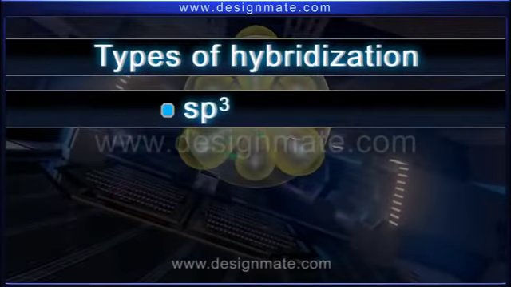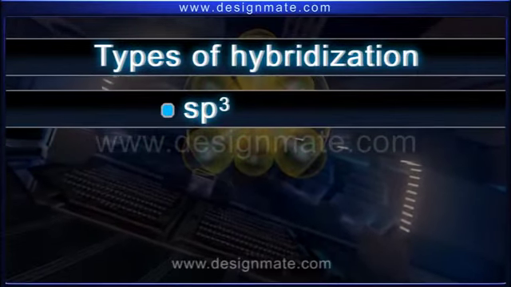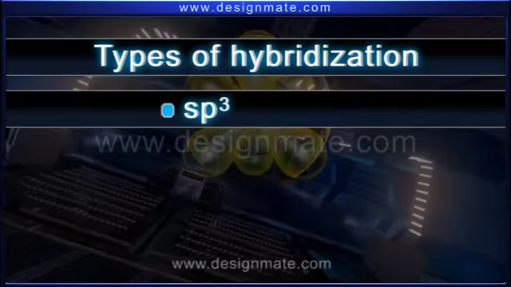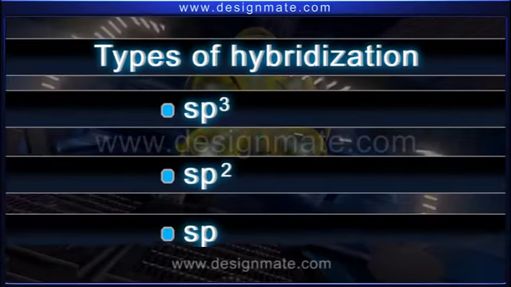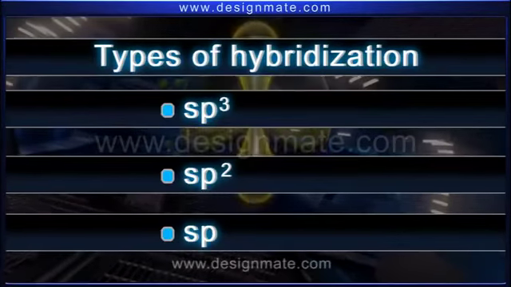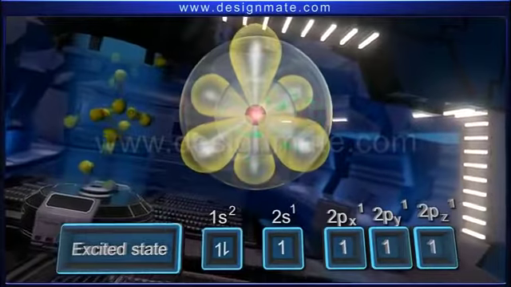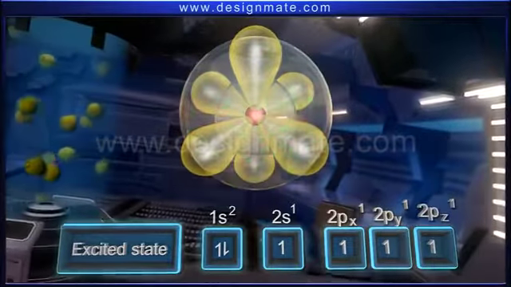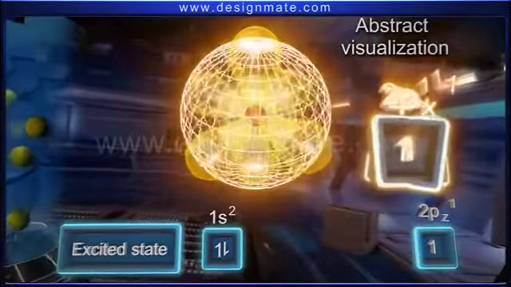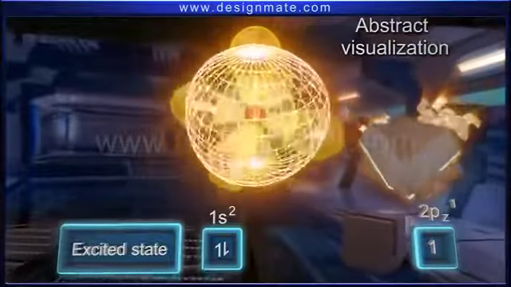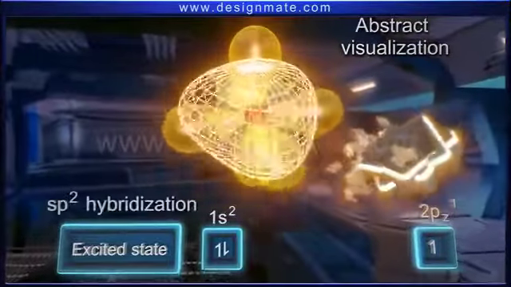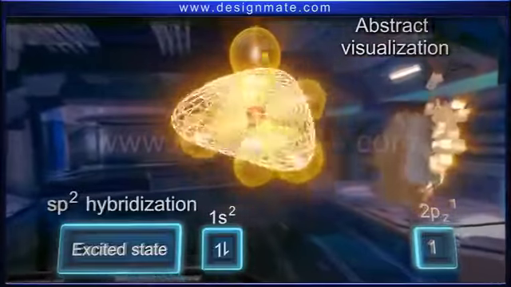Besides sp3 hybridization, the excited carbon atom may also undergo sp2 or sp hybridization. During the formation of a double bond, 1 2s and 2 of the 2p orbitals hybridize. Consequently, this hybridization is termed sp2 hybridization.